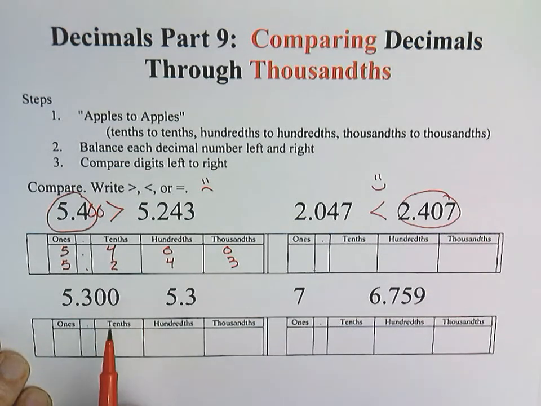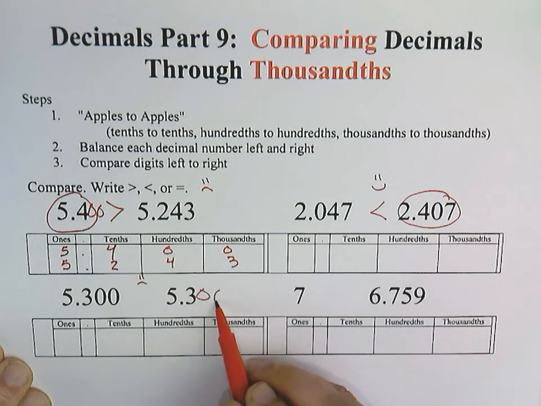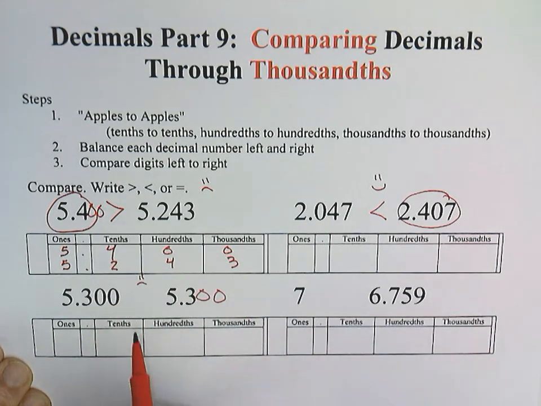For time's sake, I'm going to move a little bit quicker. 5 and 300 thousandths compared to 5 and 3 tenths. Are we balanced? No. So we just have to balance it by adding our zeros. And this I can see is actually equivalent. It is equal. We would read this as 5 and 300 thousandths is equal to 5 and 3 tenths.